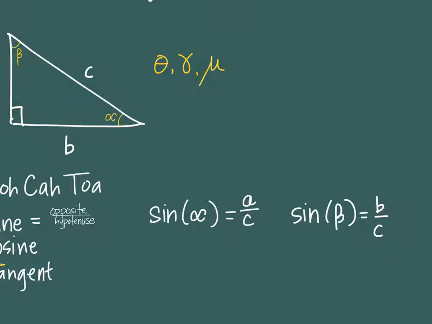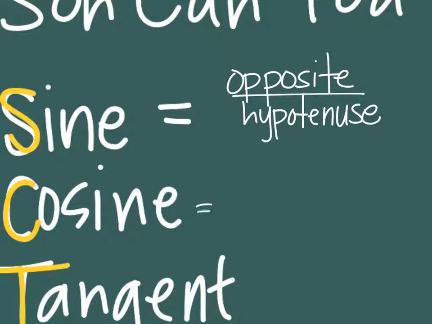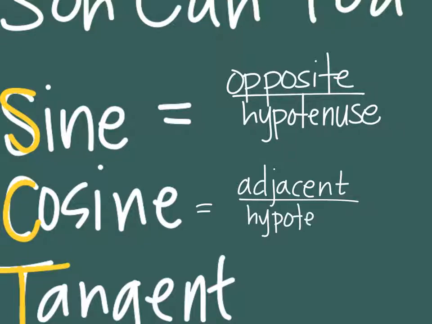All right, then we move on to cosine. Cosine is adjacent over hypotenuse. The word adjacent means next to. To be adjacent to something is to be right next to it.